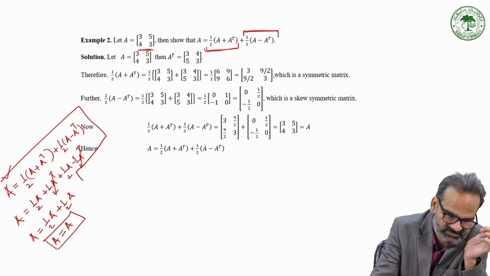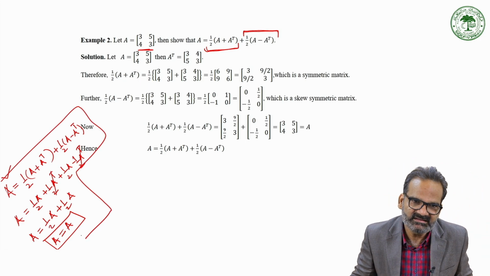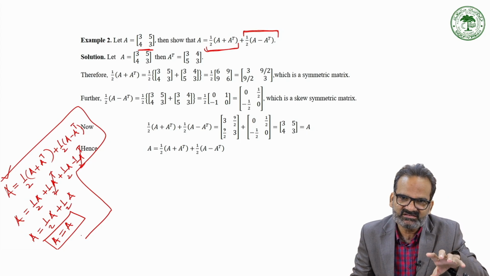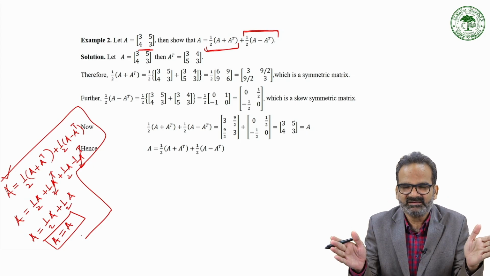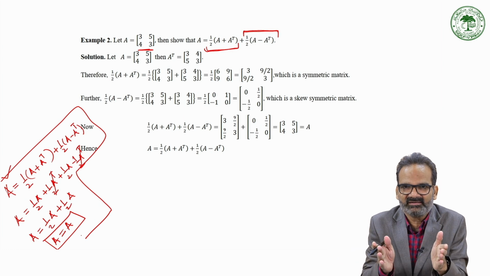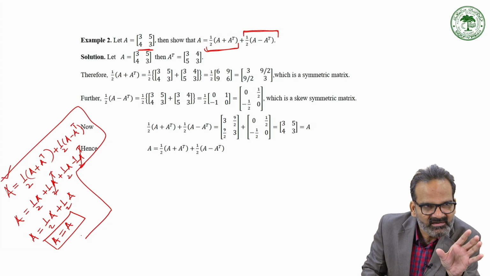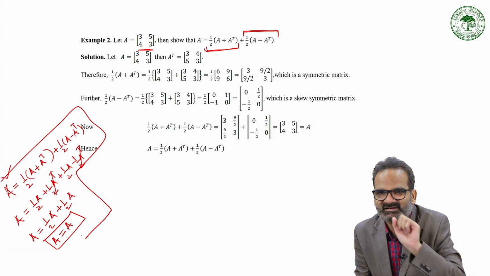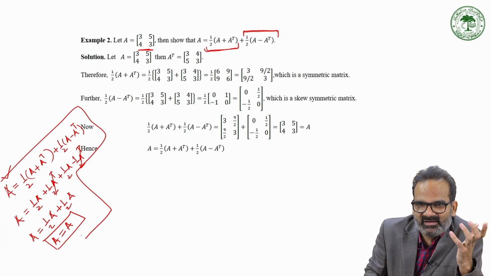From this exercise, we can see that a matrix A equals itself. It shows that we can always decompose a square matrix into the sum of two matrices. Part 1 is symmetric and part 2 is skew-symmetric. This is the beauty of every square matrix.